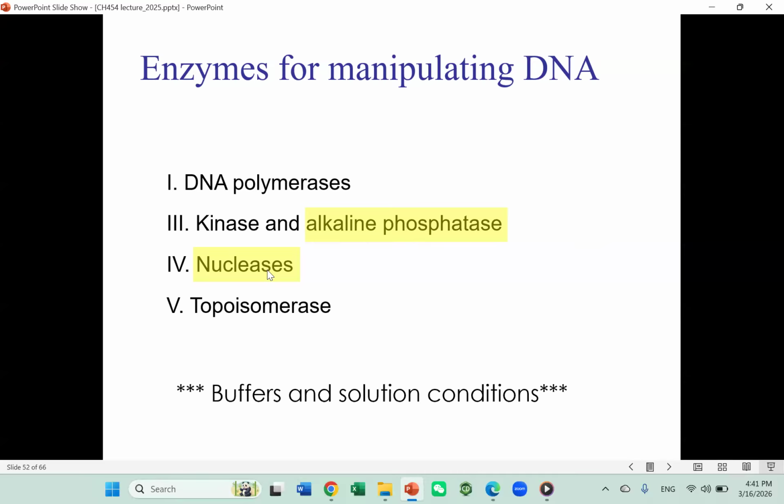For the enzyme to work, you have to use a buffer, which is pretty important for enzyme activity.